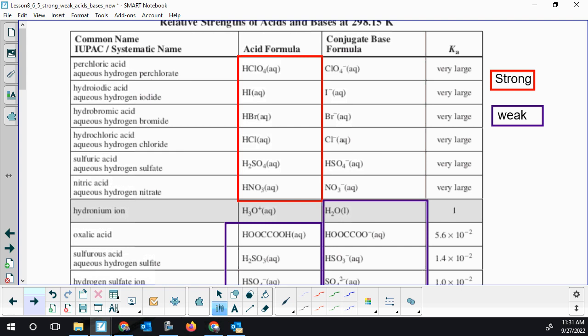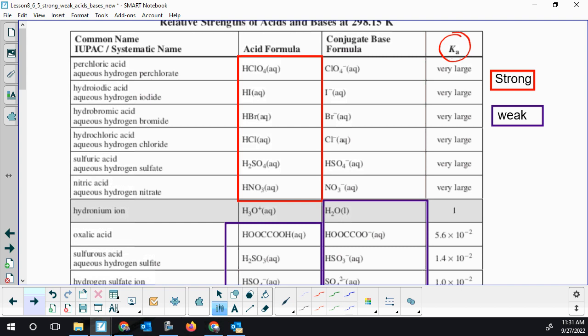Okay. We're not using these K values this year, but when something is strong, it makes all products, and those K values are ratios of products over reactants. When you try to do products over reactants, when you only make products, you get an infinitely big number. It approaches infinity. So that's why you don't see any numbers in the K column.